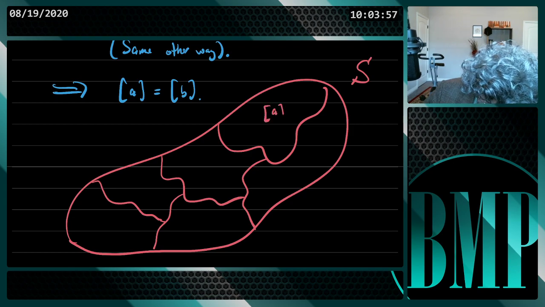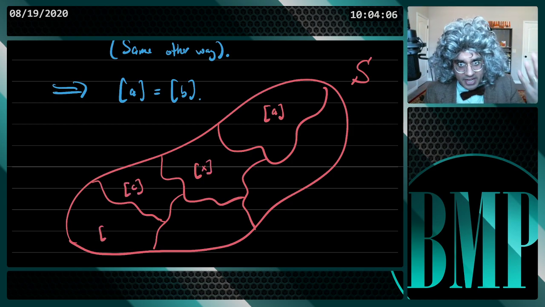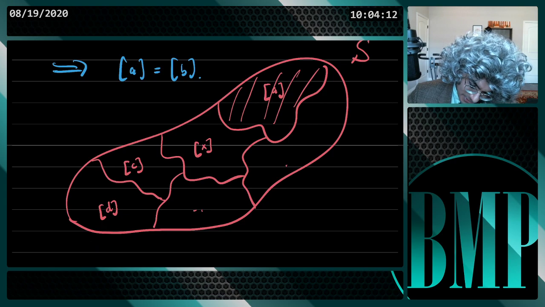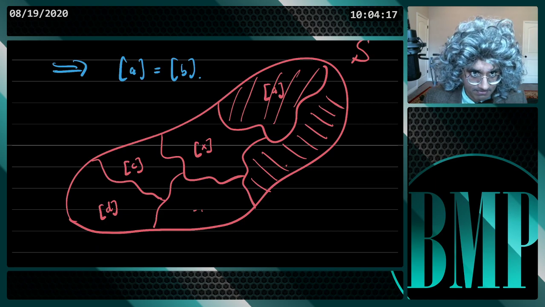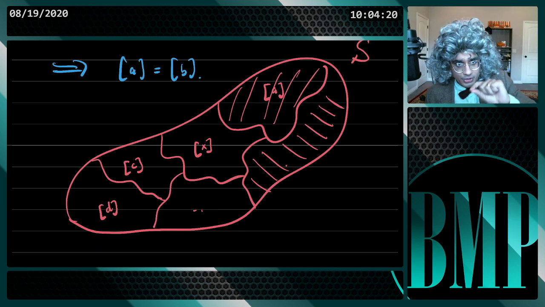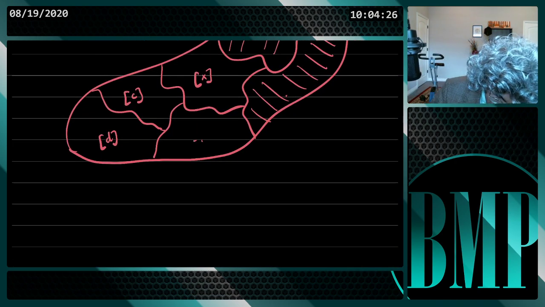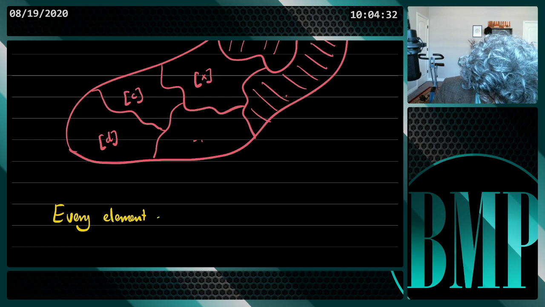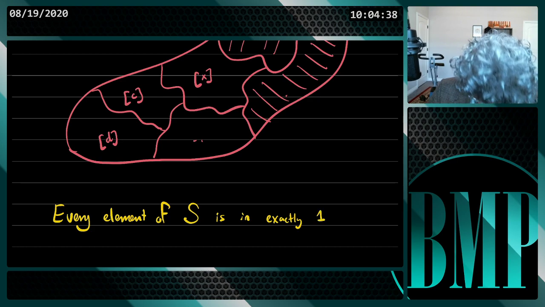You have the equivalence class of A, and then another one of some other element, C, and each one is completely disjoint. Each subset is disjoint from all the others, and their union covers all of S. So every element of S is in exactly one equivalence class.